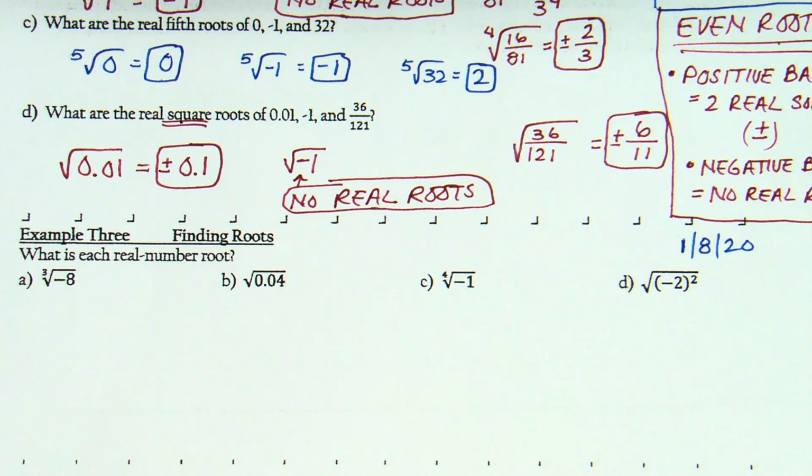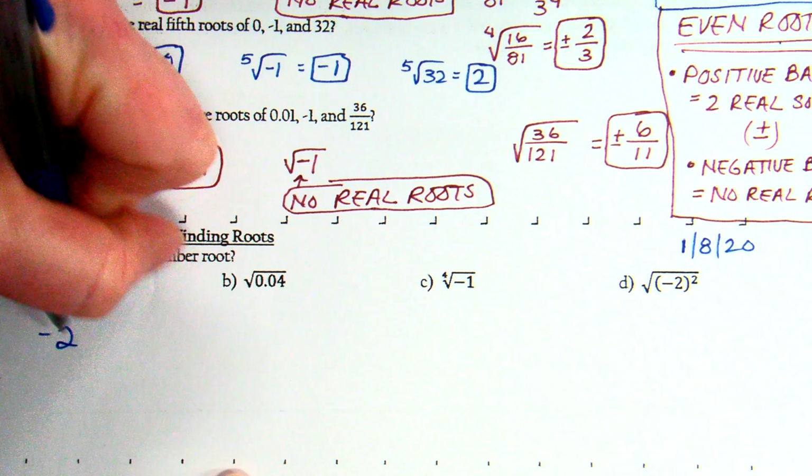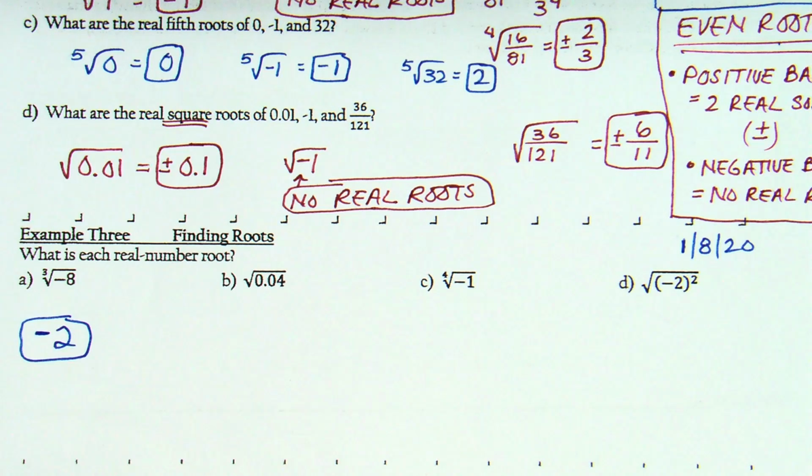Negative 2 times negative 2 is 4. 4 times negative 2 is negative 8. Okay? Know that an odd number of negatives gives you that negative. So what's the cube root of negative 8? Negative 2. Okay. So nothing different there.